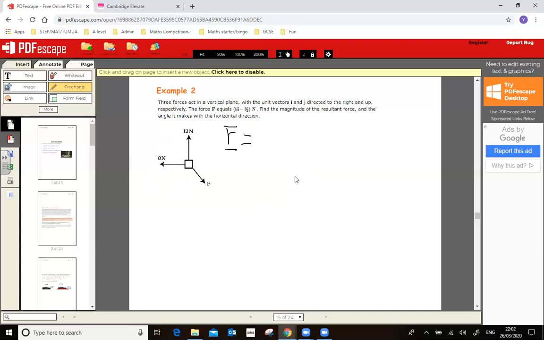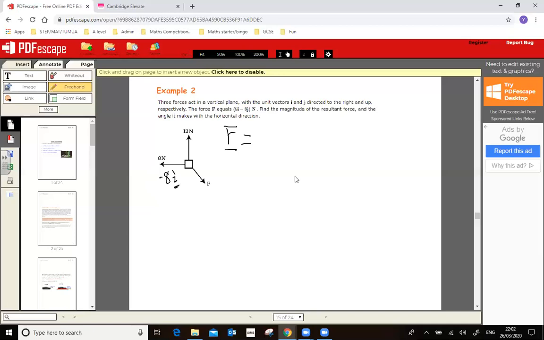Okay, so 8 Newton, now you can see it's towards the left-hand side, and if I write 8 Newton in vector form, that would just be minus 8i.